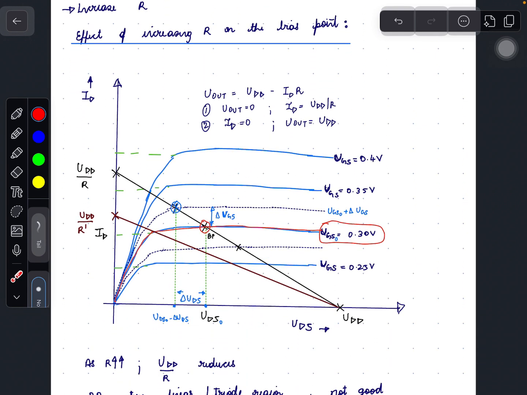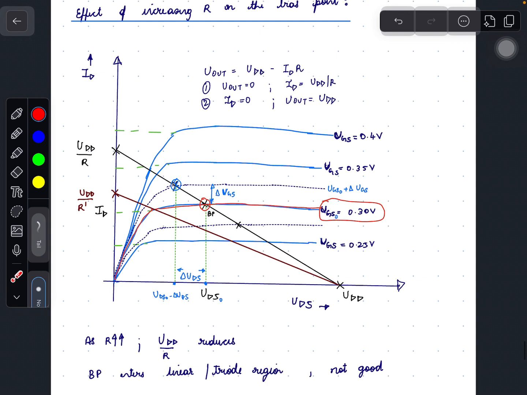Here we can see that as R increases, the point here reduces or comes down to this new point, VDD by R dash, because as R increases, VDD by R reduces.